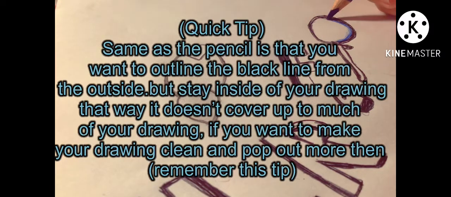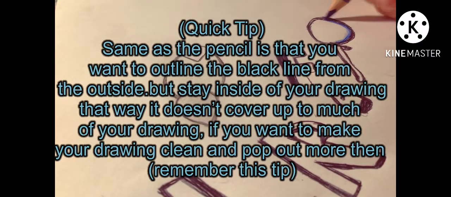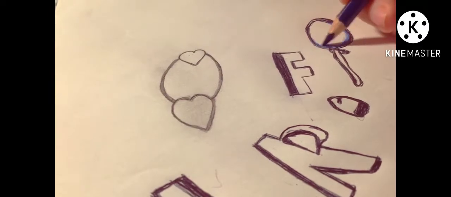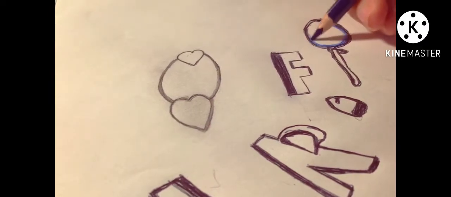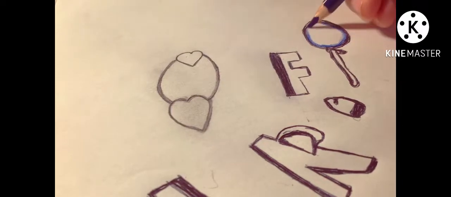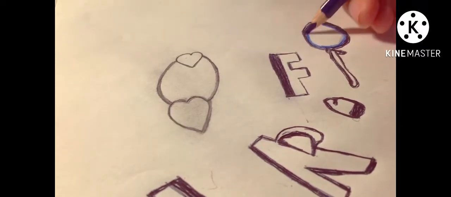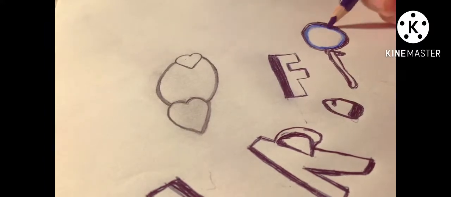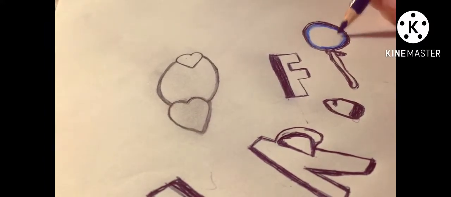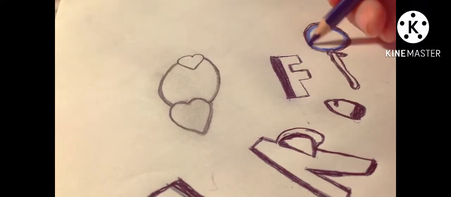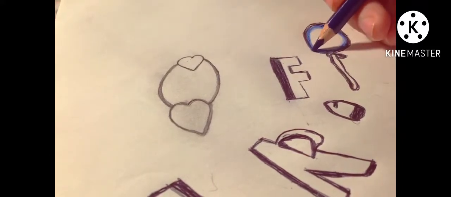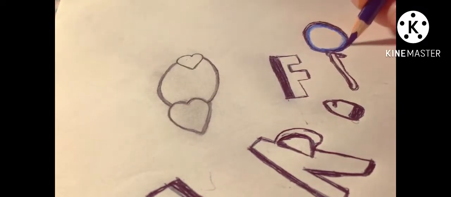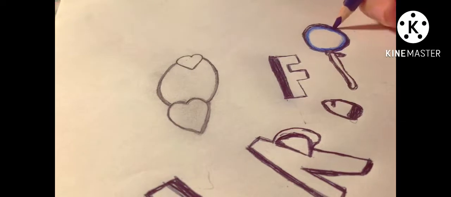I mean, it's not a slow process. It can also be a fast process, but if you want to again perfect it, if you are good at these kind of things like outlining, then you're good. But now I'm going to outline the stroke of it too, the outline of it.